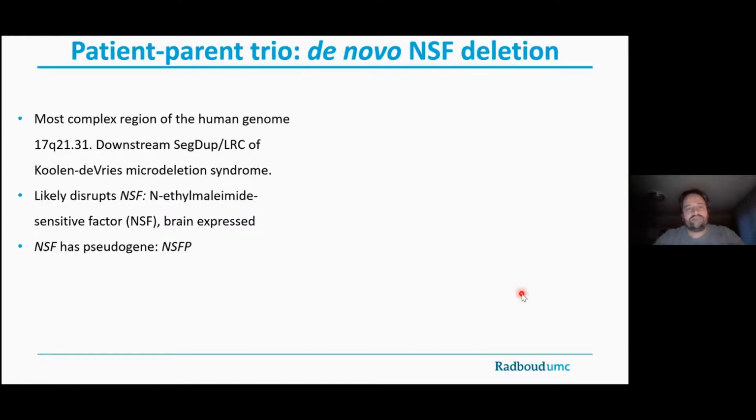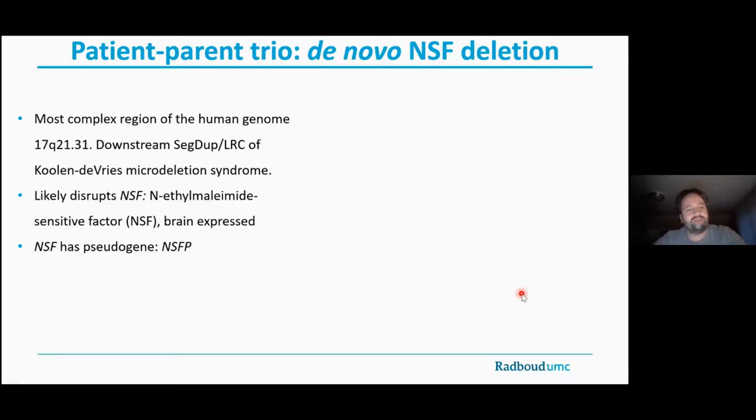What are now the details of this deletion? As I said already, this happens in the 17q21.31 region of the genome, really just affecting the segmental duplications that are downstream of the Koolen-de Vries microdeletion syndrome region. Most likely, this disrupts the gene NSF.